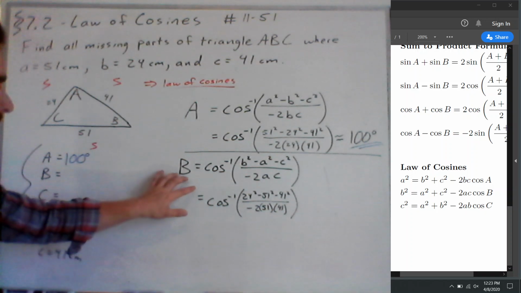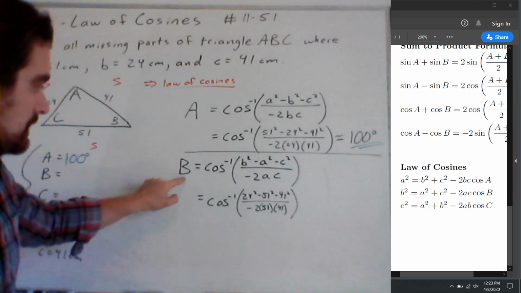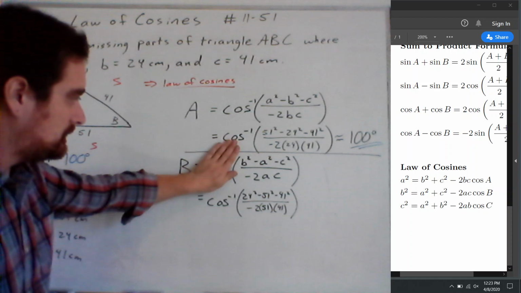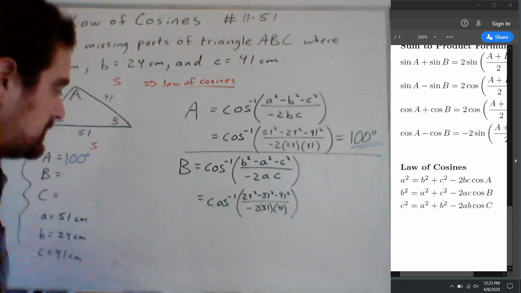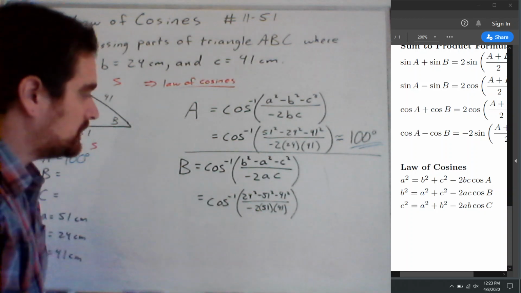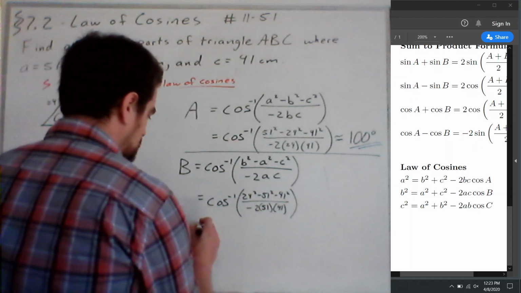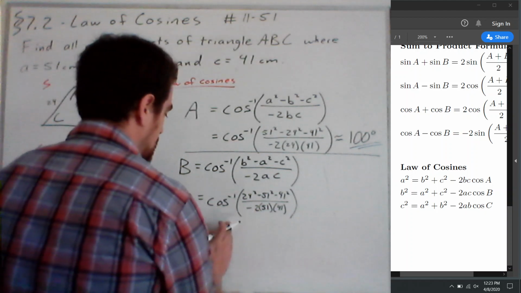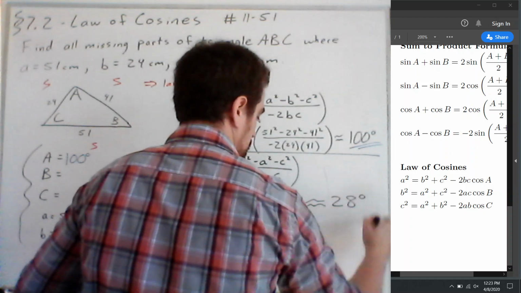So again, you can start out with the law of cosines formula and solve for cosine B to get that ratio, and then just take the cosine inverse to actually pick up the angle B. Then we just go to our calculator and do a bunch of plugging and chugging. You get something like 27.6 something. So we're going to round that to 28 degrees.